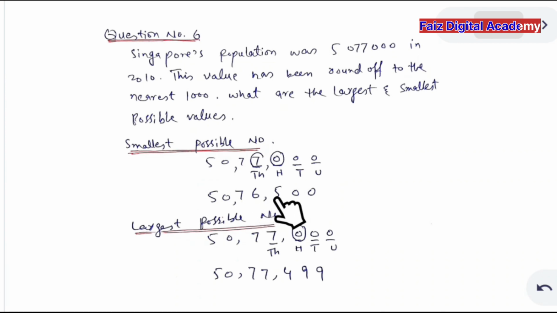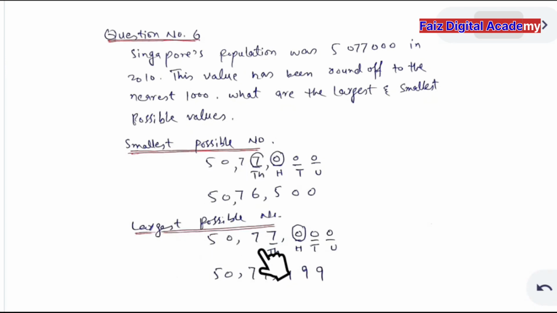So the largest possible number that can make it 6 is 5, and the next two numbers are 0. So 50,76,500 is the smallest possible number.